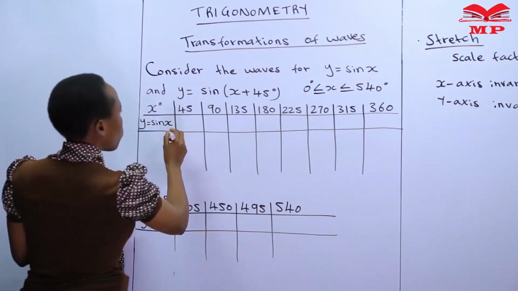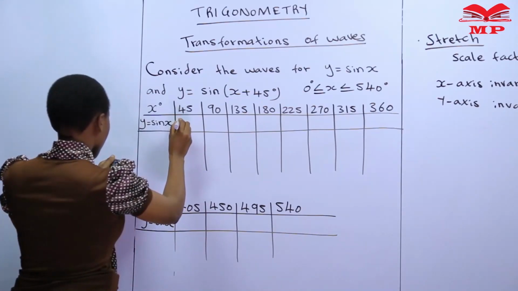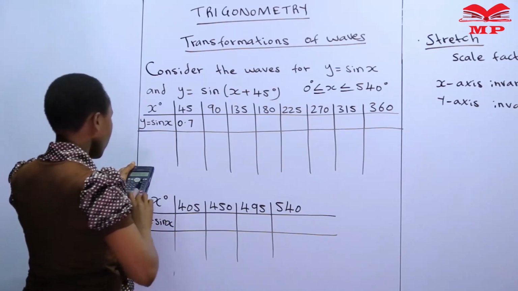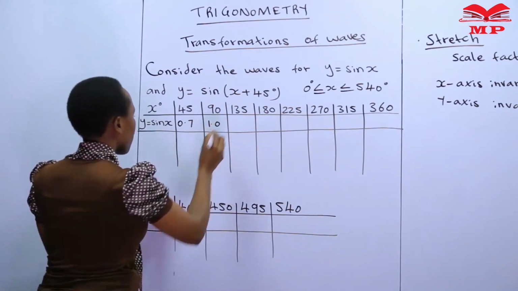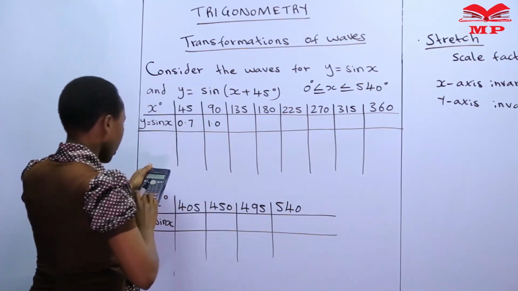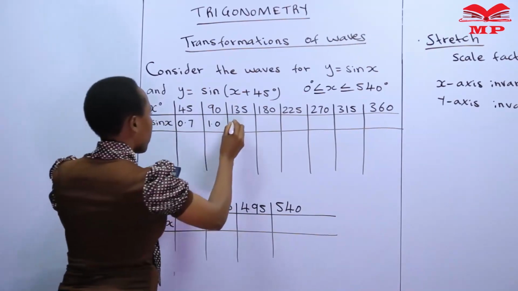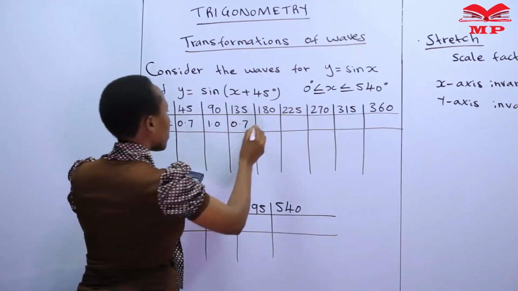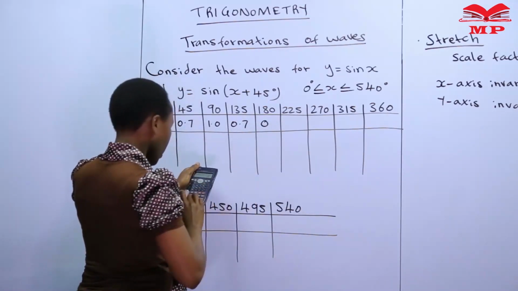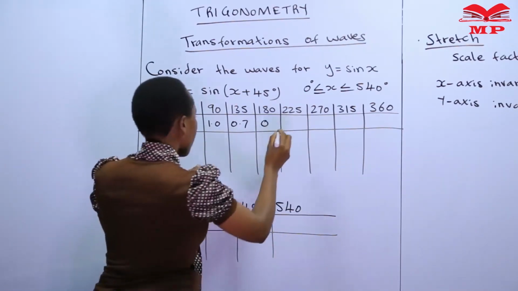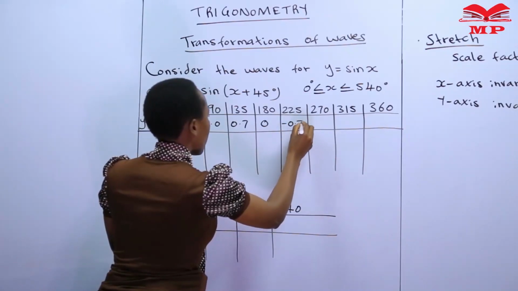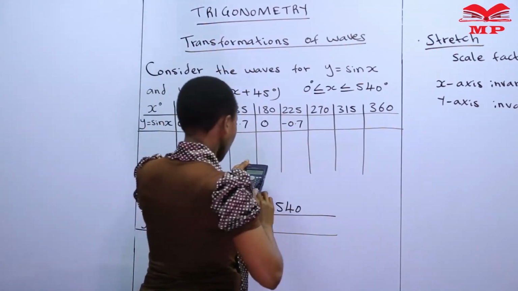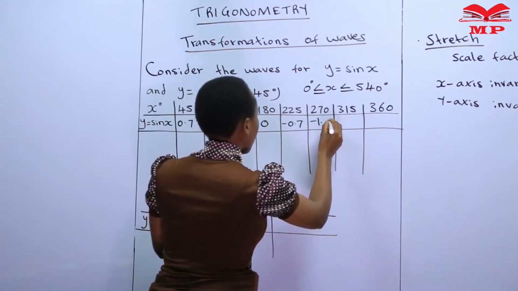We can write it to one decimal place, whereby we have 0.7. We have sine 90, which is 1.0. We have sine 135, that is 0.7. Sine 180, which is 0. We have sine 225, that is negative 0.7. Sine 270, which is negative 1.0.